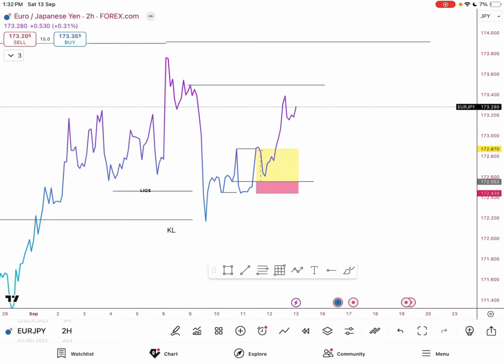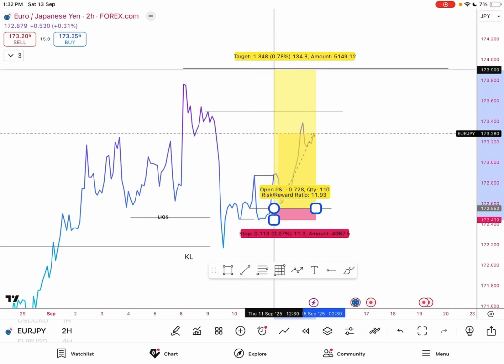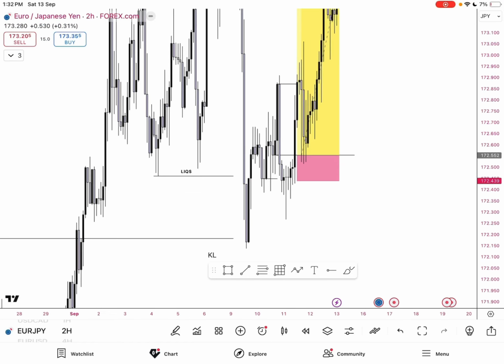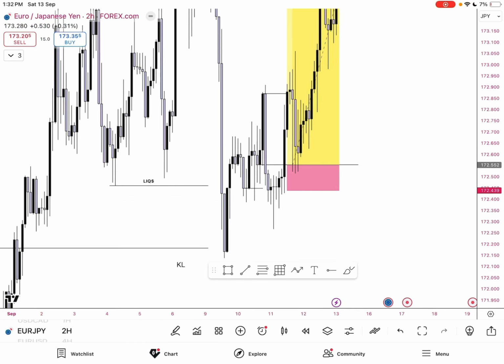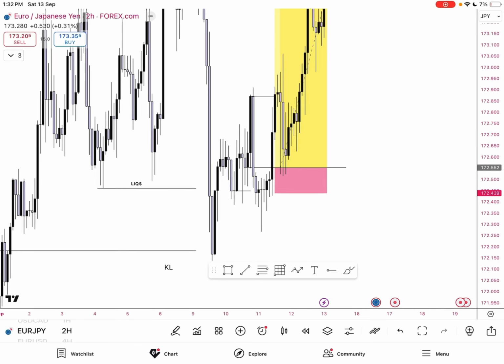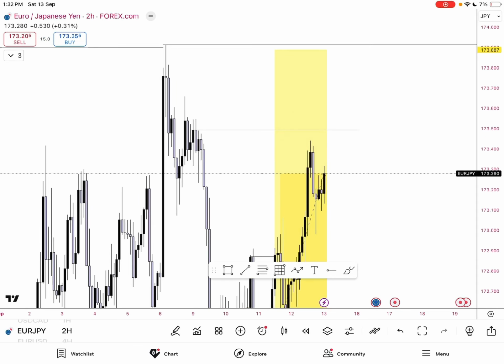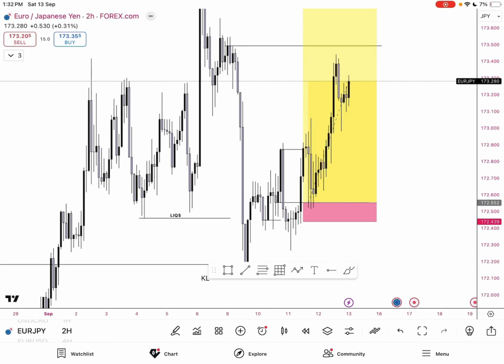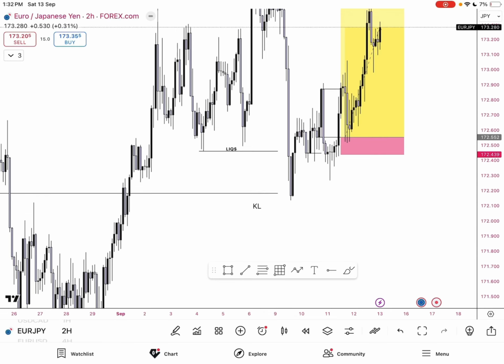I will put my target up to that high. So here you can see that we have the sweep, we have the breakout structure, and we have a direct entry into our QM. We just move for this lost extreme level. So I'm waiting for this. This is what is happening on Euro JPY.